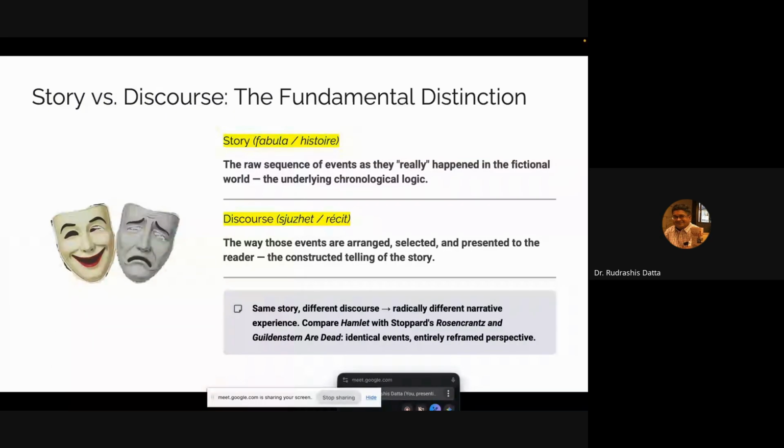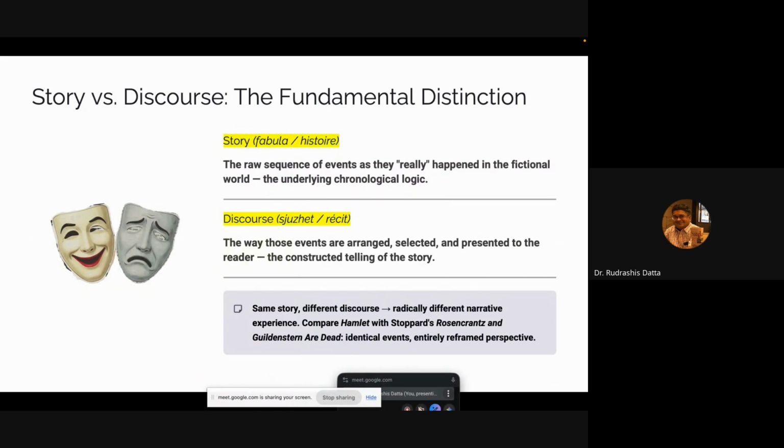Now, the origin of narratology deals with a single difference between a story and a discourse. Now, what is a story? We know all stories. We have heard of stories. Stories are just the sequence of events as they really happened in a chronological logic.